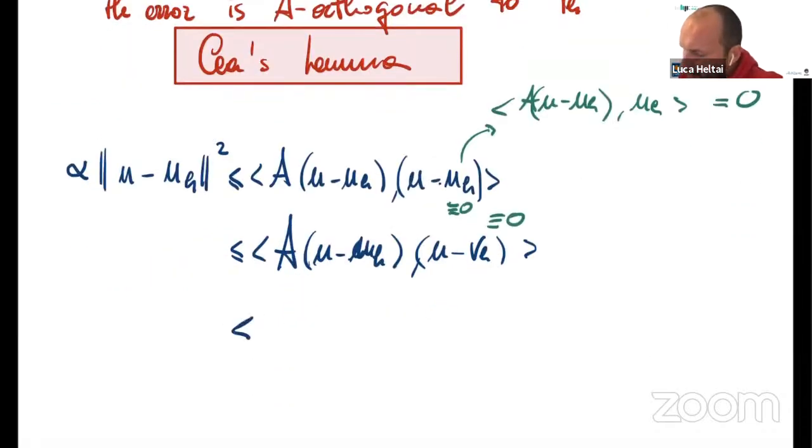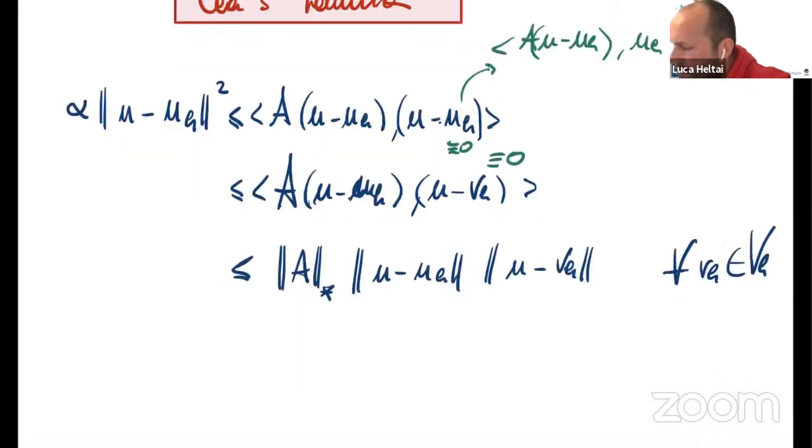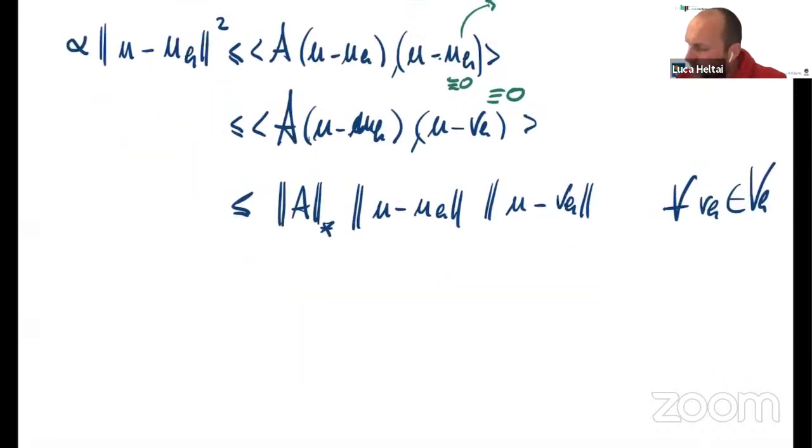And now what I do is I apply the continuity conditions. So I apply the conditions that a is bilinear and bounded. And now what you obtain here is the norm of u minus u_h times the norm of u minus v_h. And this has to be valid for any v_h in capital V_h. And if you read carefully from left to right, one of these two guys disappears with that guy over there.